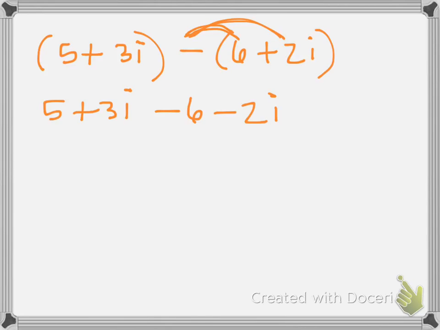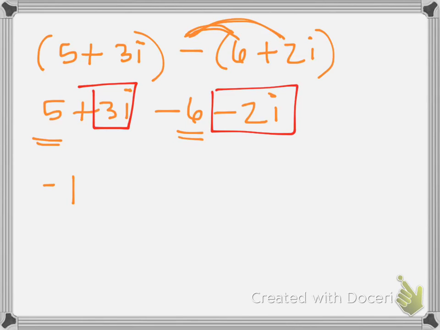I add these like they're like terms, the real part to the real part, so I get negative 1, 5 minus 6, and then the imaginary part to the imaginary part. Or subtract in this case, 3i minus 2i. 3 minus 2 is just i. This is the answer.